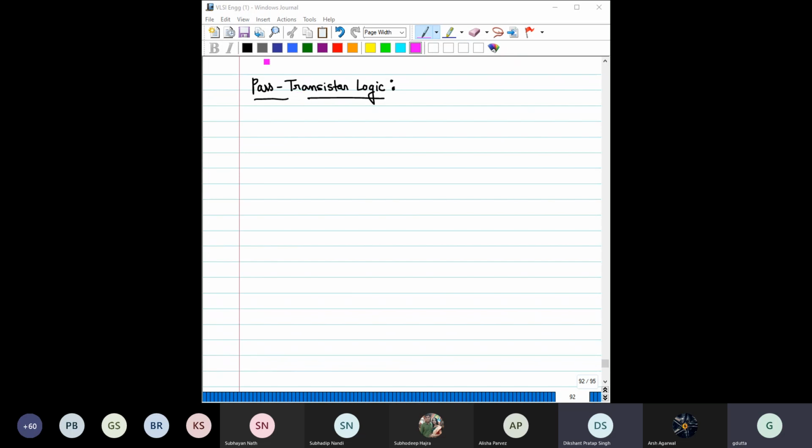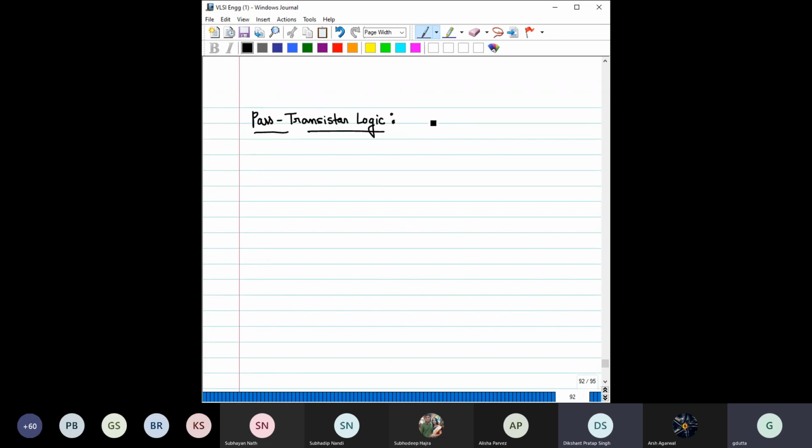So what is this pass transistor logic? Before introducing it, let us review a small thing. So far we have discussed static CMOS logic and dynamic CMOS logic, right?